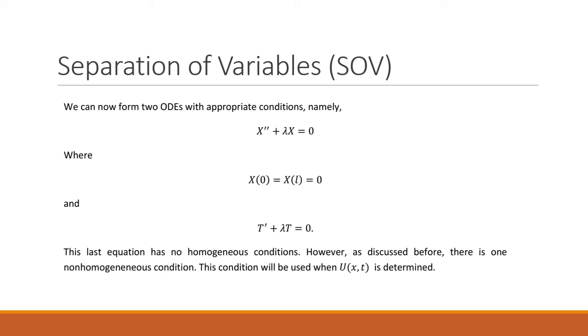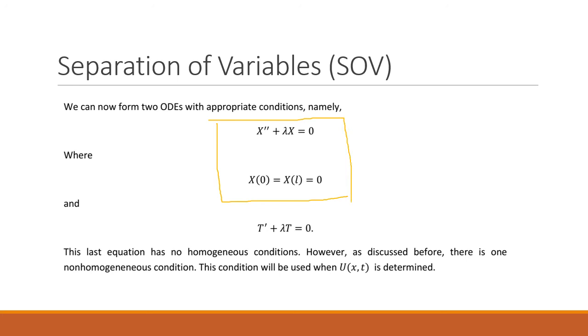Okay, so tadi kita tengok. Okay, so now we can now form two ODEs with appropriate conditions. Okay, so tadi kita dapat x double prime plus lambda x equal to 0 dan juga dengan boundary condition, homogeneous boundary condition dia x(0) equal to x(L) equal to 0.